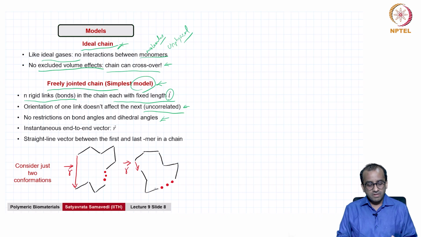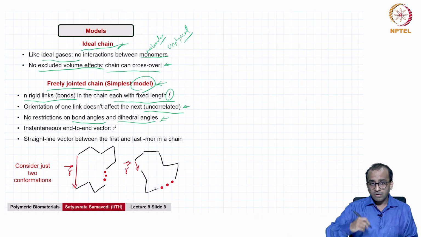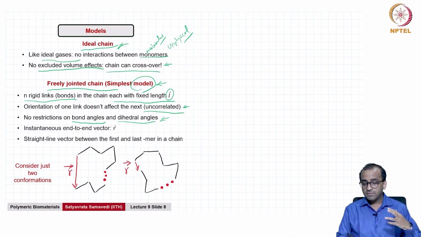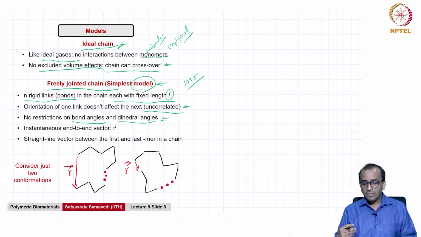The other assumption we make here is no restrictions either on the bond angles or on the dihedral angles. Again, if you notice here, bond angles typically for carbon-carbon, the tetrahedral angle is typically fixed at 109.5.